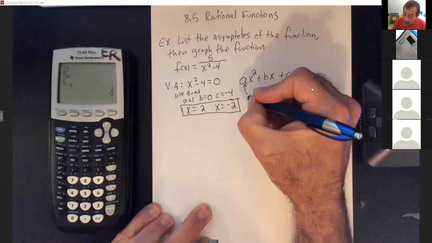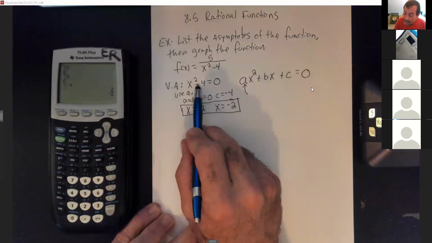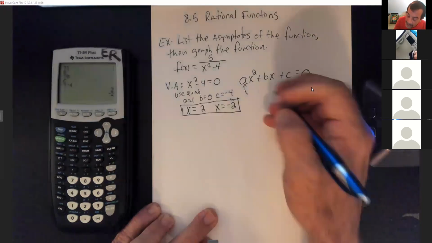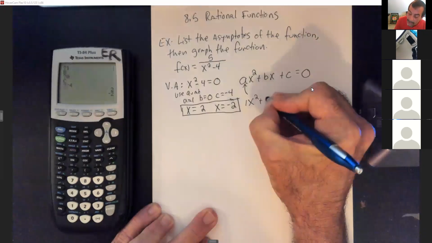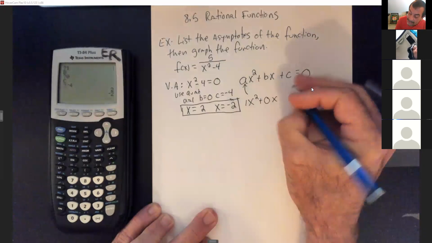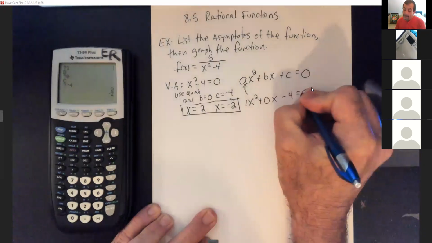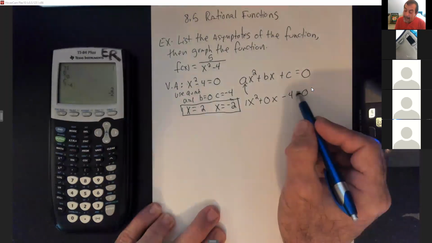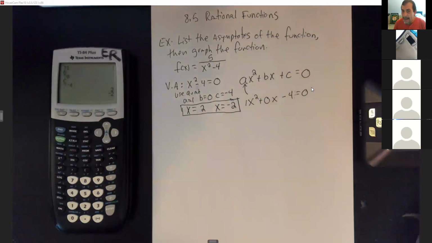But if you notice, I don't have the x term in the middle. So since I don't have an x term, that's like my equation is 1x squared plus 0 x's, and then my c was the negative 4, all equal to 0. Oh, okay. Since there's not an x with my 4, I can't use it as my b, and it's got to be my c. Okay.